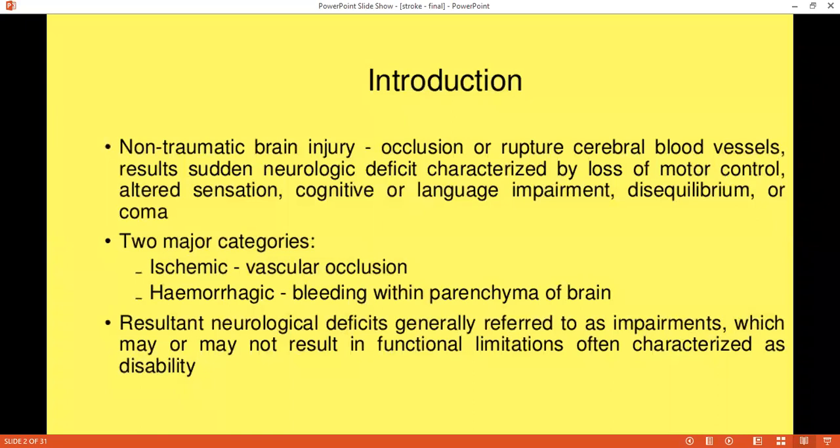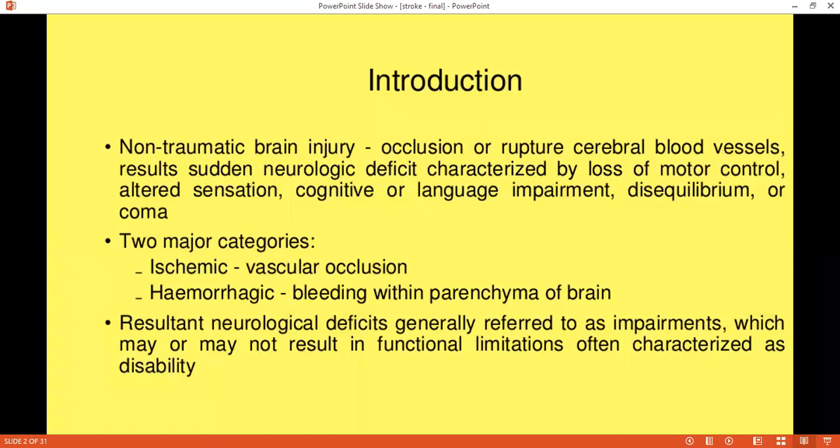First, the introduction. Stroke is a non-traumatic brain injury in which a cerebral blood vessel is occluded or ruptures, resulting in a sudden neurological deficit characterized by loss of motor function, altered sensation, and cognitive or language impairment. It is also called a brain attack. There are two types.